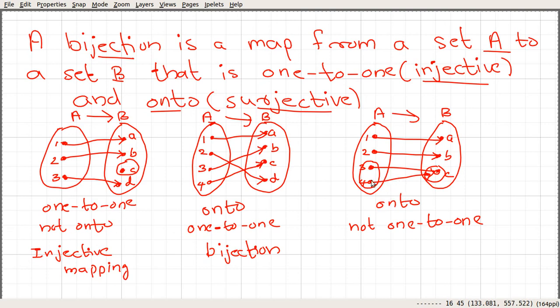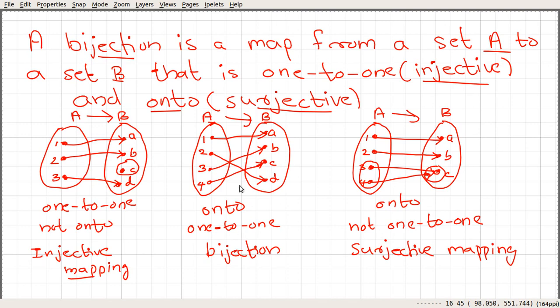And similarly, if a map is onto but not one to one, then such a mapping is called a surjective mapping. So this mapping is injective because it is one to one and not onto. This mapping is surjective because it is onto but not one to one. Since this mapping is both one to one and onto, this mapping is a bijection.